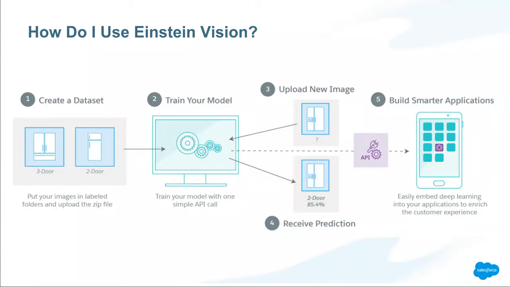You would create a data set of the different images you've collected with the labels of 3-door and 2-door, and you would use those to train your model. You can continually upload new images and keep retraining your model as new data comes in, and you would use those models to predict whether it was a 2-door or 3-door. The platform has APIs you can build your application on top of to send in an image, get a prediction, and bring it back into your application.